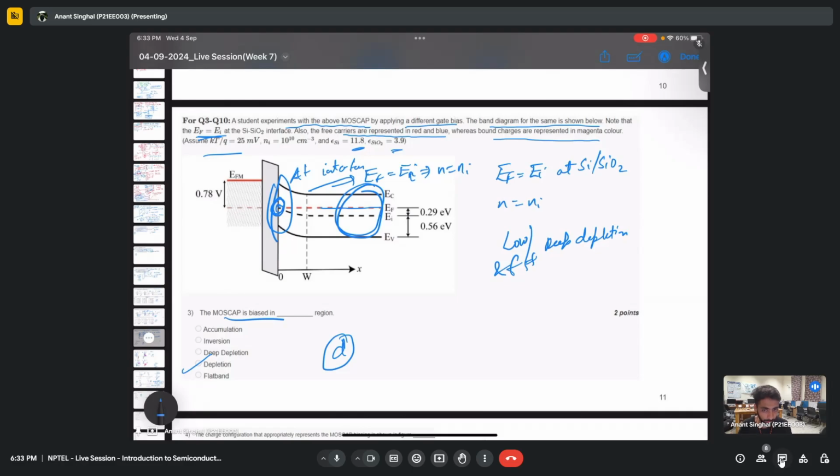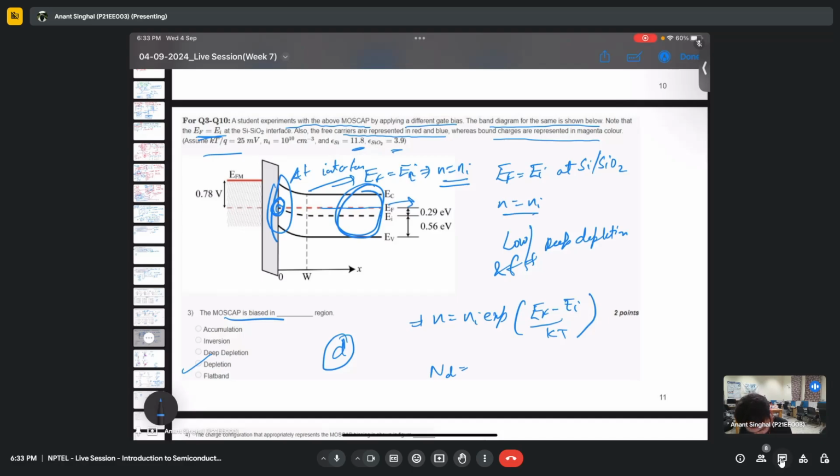When EF overlaps EI at the interface, it will be Ni. And in the semiconductor we know that n is nothing but Ni exponential of EF minus EI over KT, and it is nothing but ND.